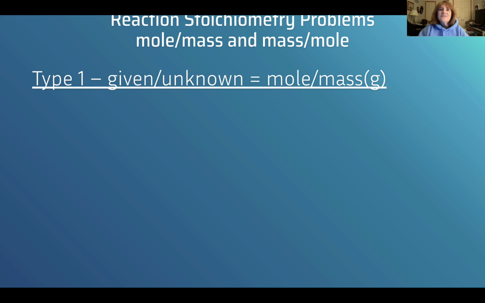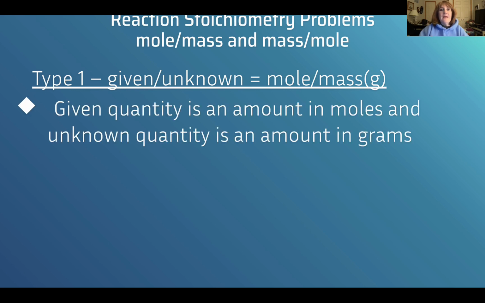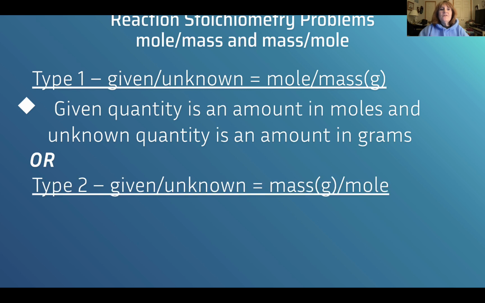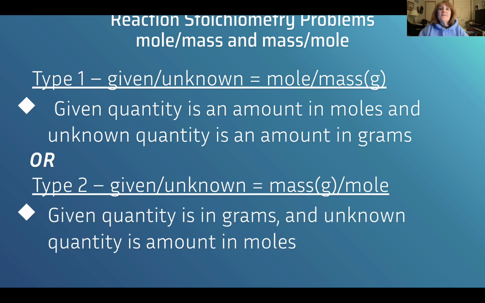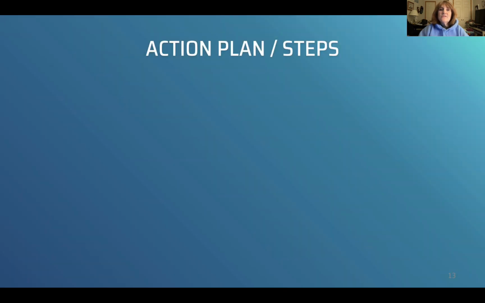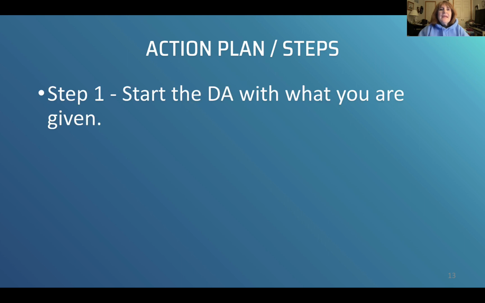So in reaction stoichiometry, mole to mass and mass to mole, you are either going to be given the mole and find the mass, or you're going to be given the mass and you have to find the moles. So let's do that. Remember your action plan or your steps.